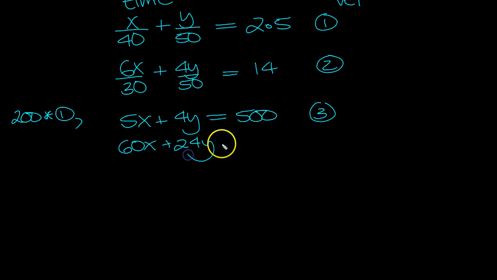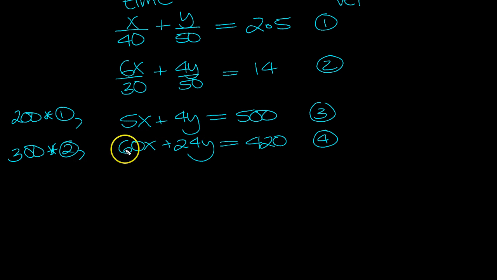As I say, tap it in the calculator if you need to. And 300 of these, 3 14s are 42, so it's 420. That's number 4. So these should be a bit more user-friendly now.